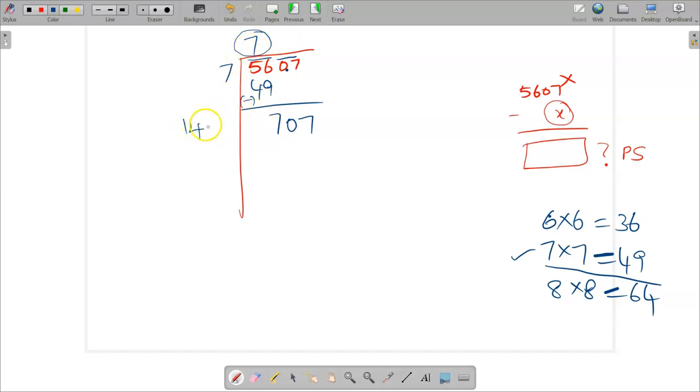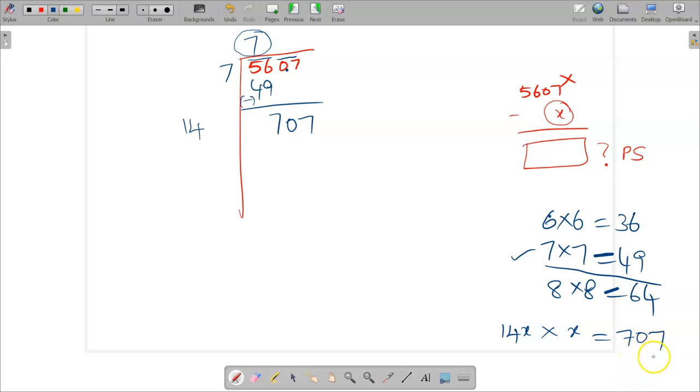Okay, so once you have done that, with the number 14 I have to write one more value as x. So this x into x, that is, I have to find another number such that it is going to give the value 707.